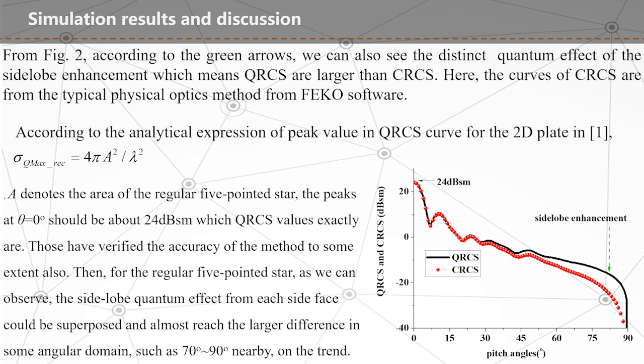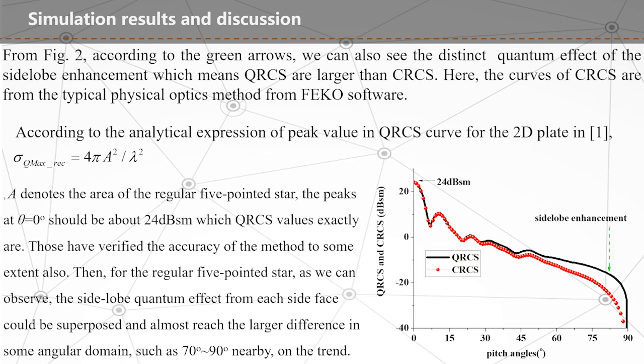The peak in the curve at theta equals 0 degrees should be about 24 dBsm, which is exactly what the QRCS value is. This has verified the accuracy of the method to some extent.